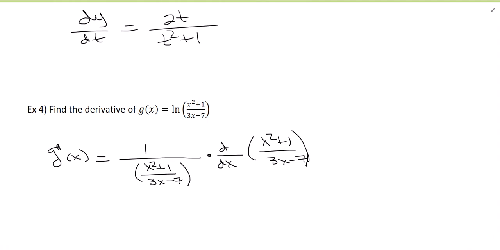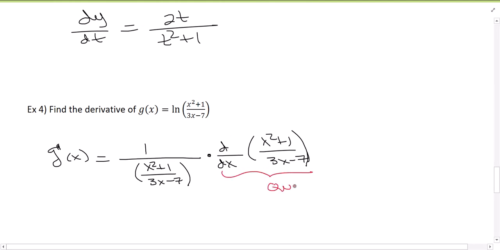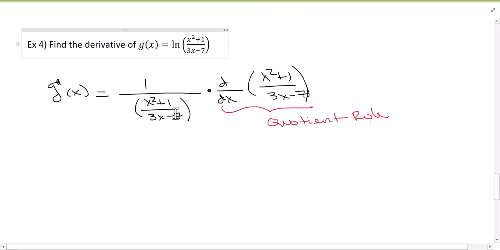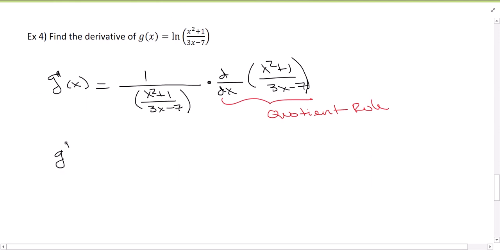And so here, what rule do we have to use? I have a quotient, right? So we're going to use the quotient rule. I see a big division there. So 1 over this fraction is really the reciprocal of this fraction, so let me write that. So I get the reciprocal times now the derivative of this.